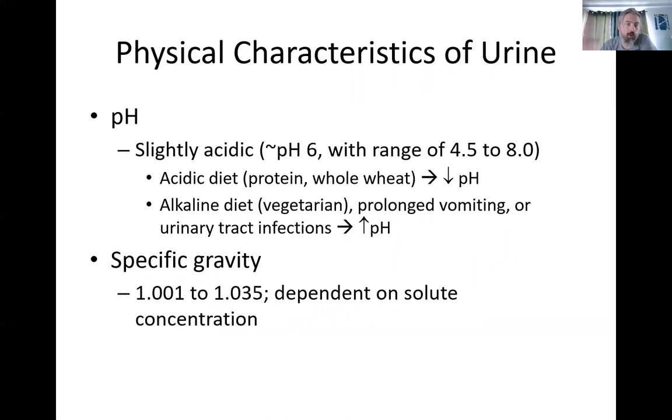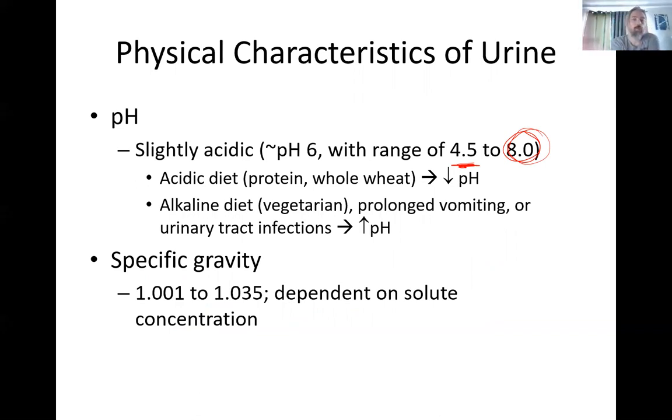As far as the pH goes, it is going to be slightly acidic, a pH of about 6, okay? But that can vary downward, can be extremely acidic, 4.5. That's really quite acidic. Up to something that's a little more alkaline, maybe just on the alkaline side, about 8.0. Again, depending on diet or other things.